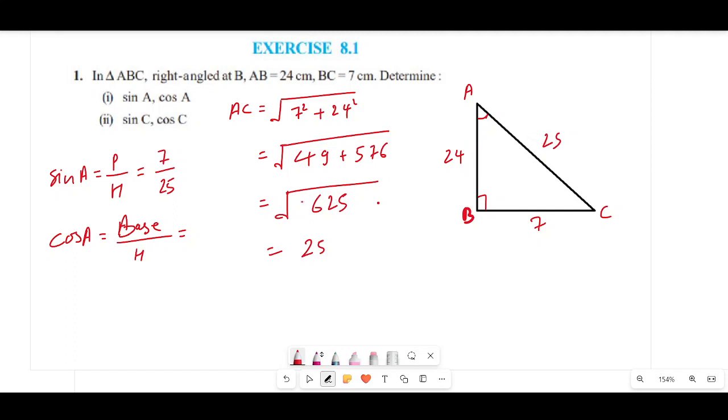So base is 24 centimeter and hypotenuse is 25 centimeter. That is the answer.